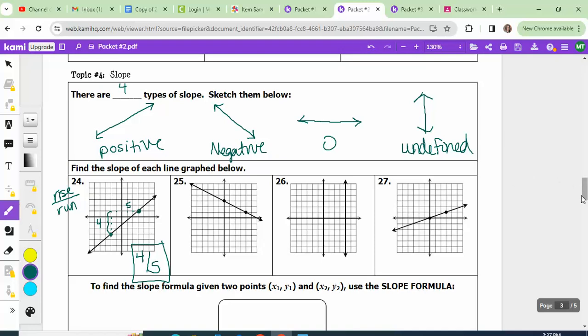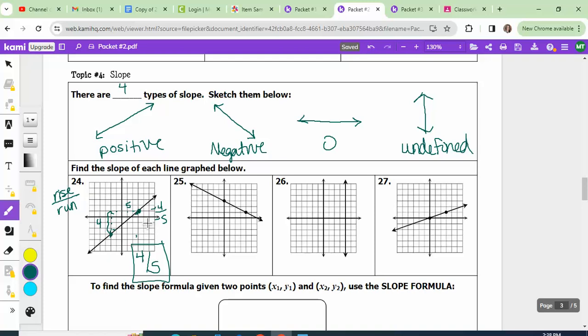Just to jog our memory, all these different things we've crammed into the last 2 years. You just count from one point to the next. How far up do you have to go? How far over do you have to go? Does it matter which point we start with? No. If you had started on this one, you would say I go down 4 and backwards 5, and -4 divided by -5 would turn into positive.